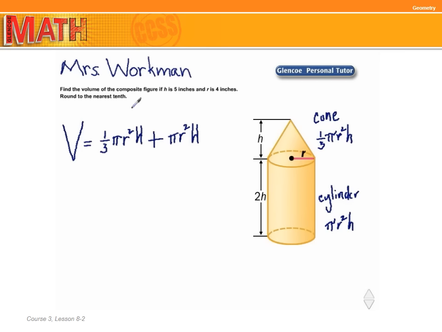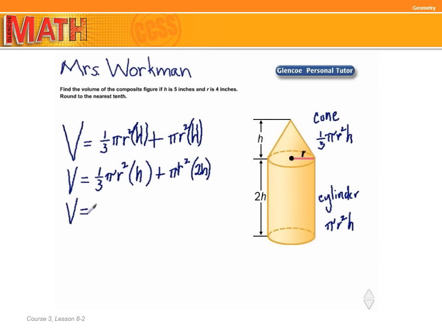So I'm even going to put these in parentheses to emphasize that. So if I go back to the formulas and replace those capital H's with what's in the diagram, the height of the cone would be h, and over here the height of the cylinder would be 2h.